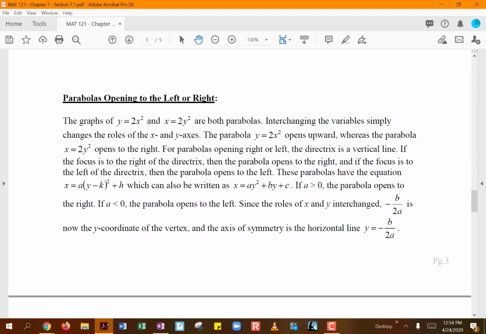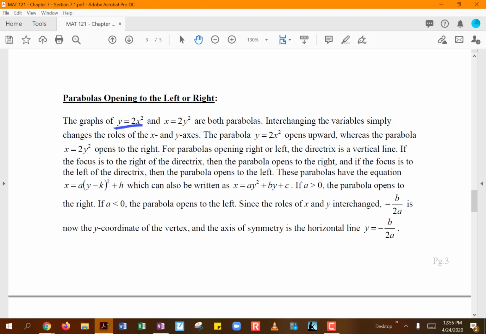Alright, now I did want to talk about what happens when our parabola is opening to the left or right, because in that case, your x and y values will switch places. So, of course, when your parabola is opening up, we have y equals 2x squared.